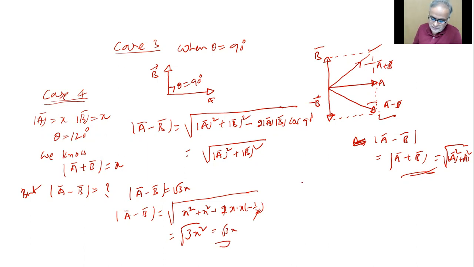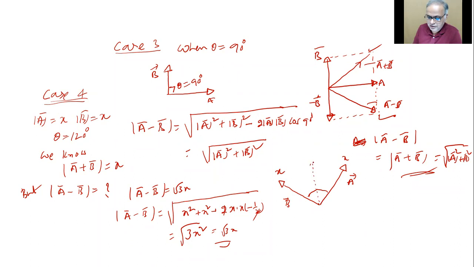Geometrically, look at this. There are two vectors. The angle is 120. This is vector A, this is vector B, but the magnitude of this is x, the magnitude of this is x. What is the angle now? 120. So if I find the sum, it will be like this from the middle of it, right?